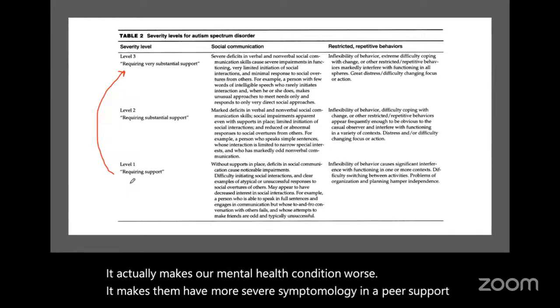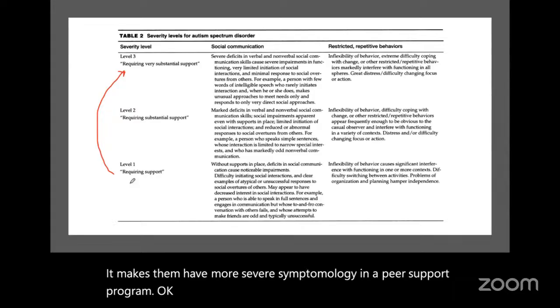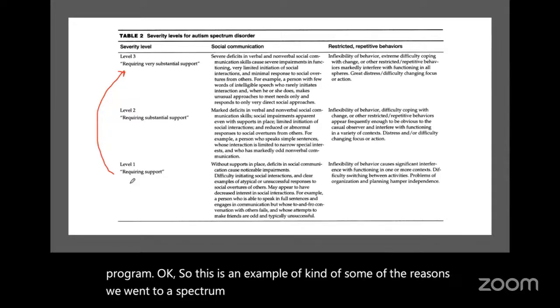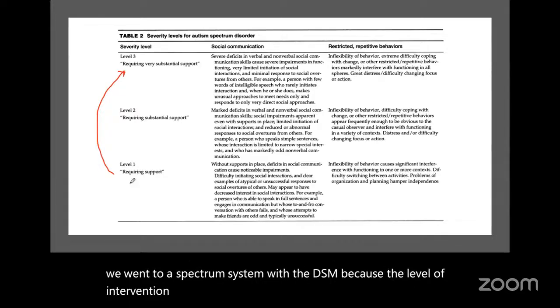Okay, so this is an example of some of the reasons we went to a spectrum system with the DSM, because the level of intervention really needs to match the severity of symptoms we see within an individual.